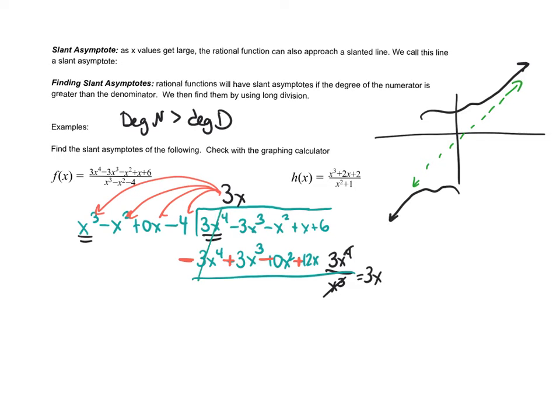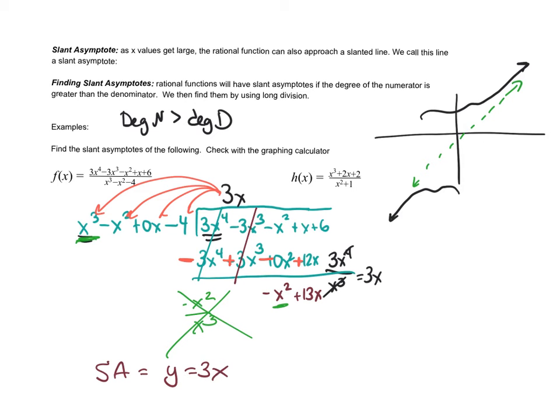And what that'll do is it'll cancel out this one, it'll cancel out this one, it'll give us negative x squared and plus 13x. But I'm actually done now, because if I try to divide negative x squared by x cubed, you can't have it bigger on the bottom. So my slant asymptote is actually just y equals 3x.